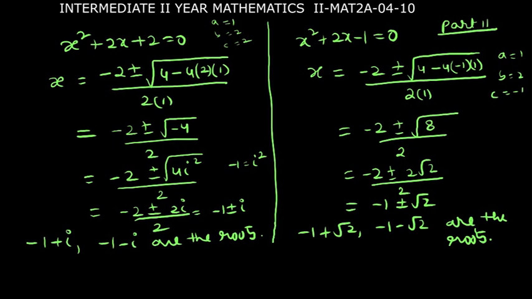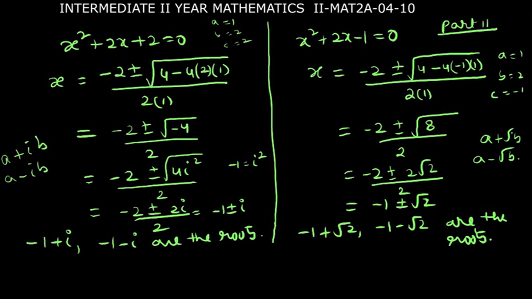When do you get these as the roots? When you have even degree or degree more than 2. Otherwise, you won't get these two as the roots. Is it not? Suppose you have a cubic equation. Definitely, if one root is -1 plus i, the other has to be -1 minus i. That means if a plus ib is one root, a minus ib has to be another root. Here, if a plus root b is one root, a minus root b has to be the other root.